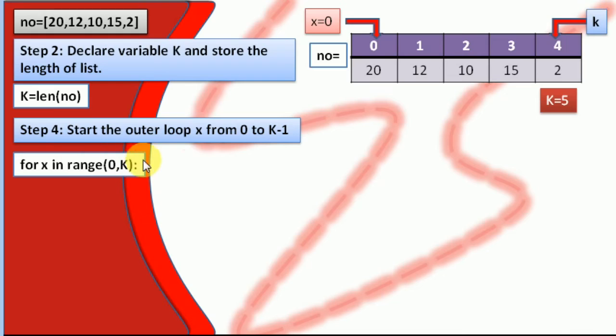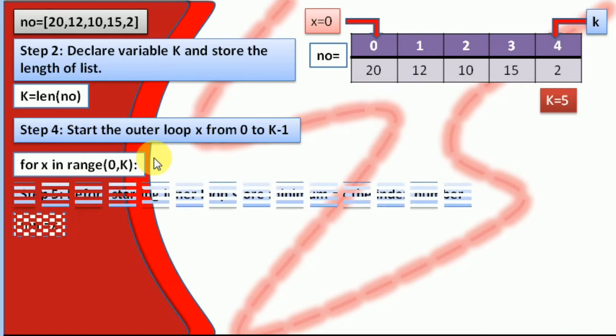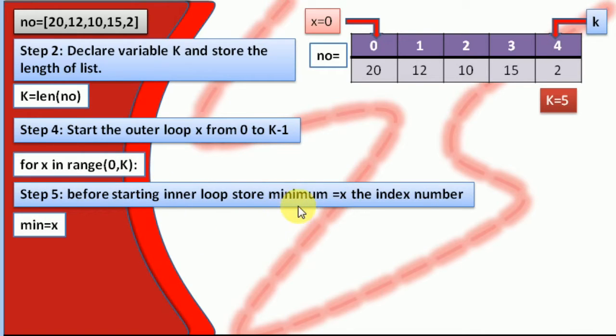Now when the outer loop has started, what is the next step? The next step is we need to initialize minimum with the index value of x. That index value is stored inside minimum. In this case we have to understand that at the starting of the outer loop, every time the loop runs, the x value is going to be stored inside the minimum.